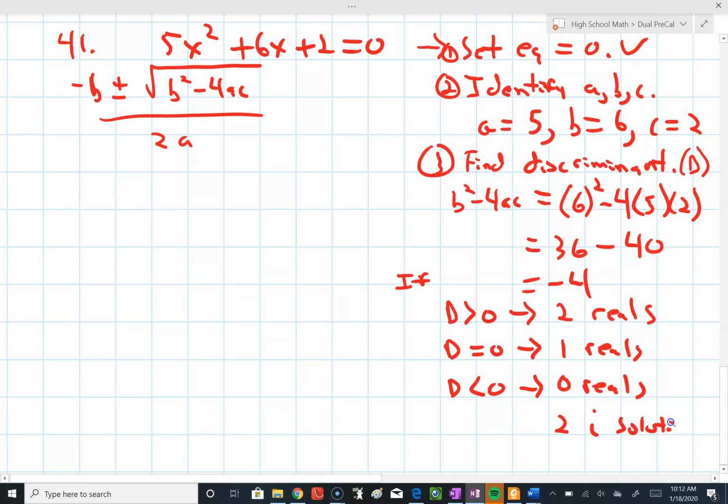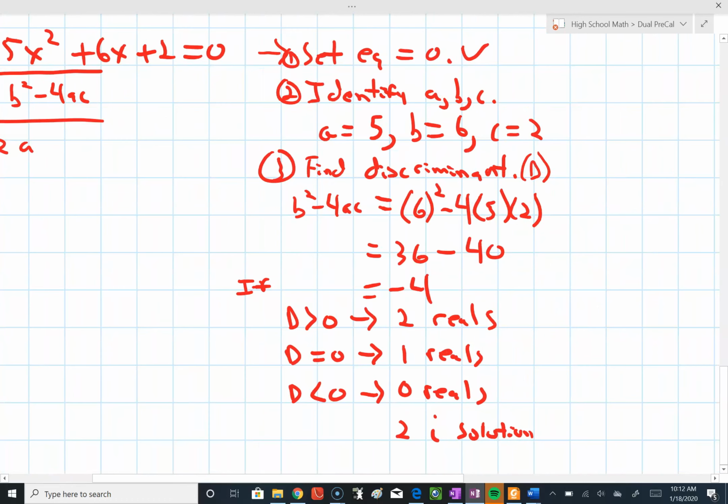Keep in mind that the real solutions will manifest themselves as x-intercepts. So the parabola here would have 2 x-intercepts, the parabola here would have 1 x-intercept on the x-axis, and the parabola here would have no x-intercepts.